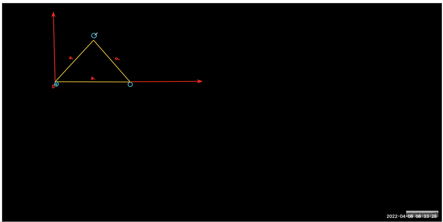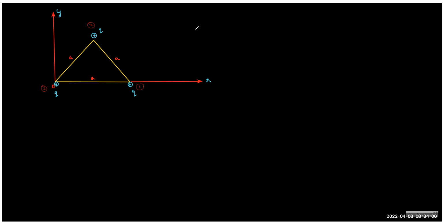So let's say this is a positive charge, this is also positive, this is also positive. Let's keep it a simple question. All charges are equal. But even if the charges are different, you can apply it. That's not an issue. So for the sake of writing, we can call them charge number 1, charge number 2 and charge number 3.